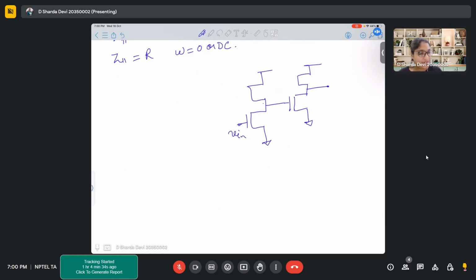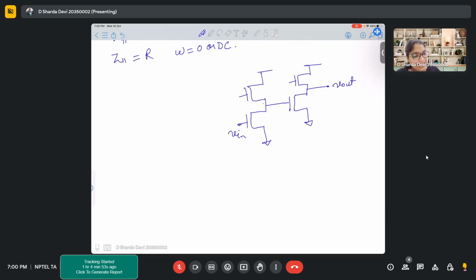Yes, this is the configuration, right? Now, in this case, ma'am, the GM and RD of the first one get multiplied with the GM and RD of the second to give the final gain.